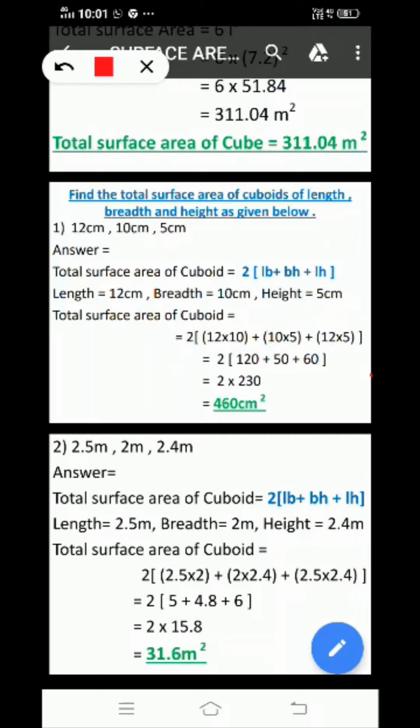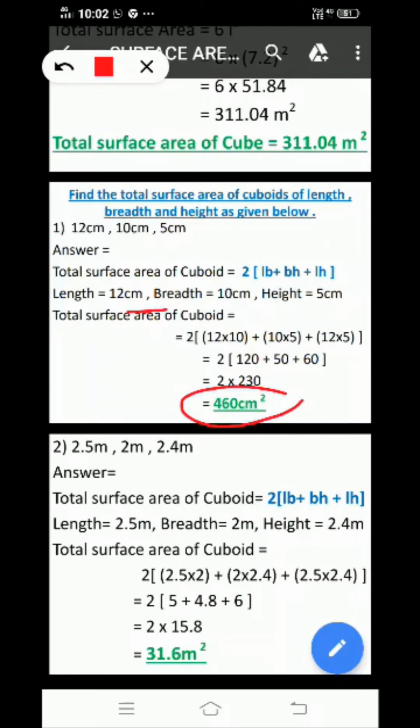First you have to solve the bracket: 120 plus 50 plus 60, the answer is 230. Now the last step is to multiply that answer by 2, and you will get 460 centimeter square. If they mention centimeter, you have to use centimeter.